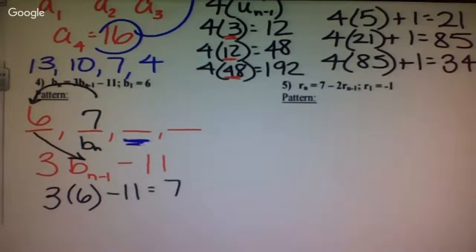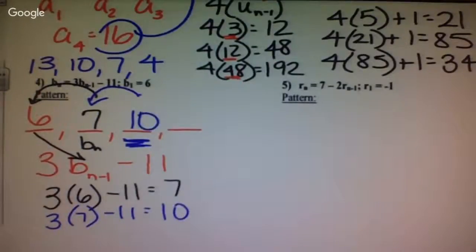Now I need to get this number. Again, I have to go backwards to this number. Instead of using 6 again, I now use the number that I got previously: 3 times 7 minus 11. We're now at 10. To get this one, I need to go 1 back.